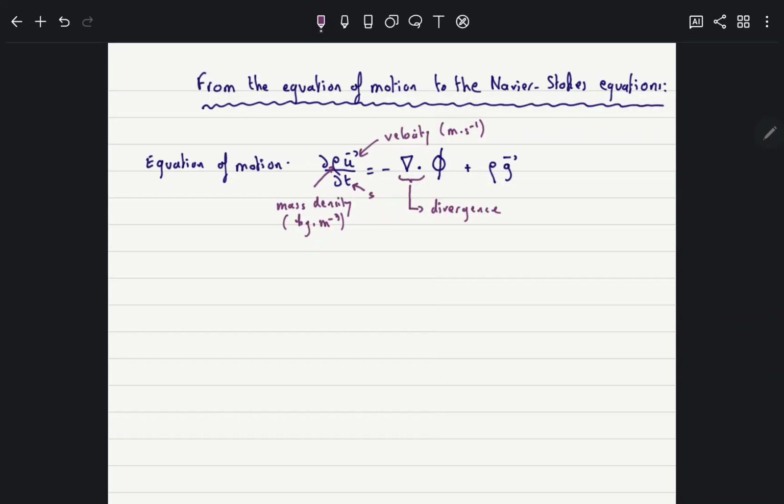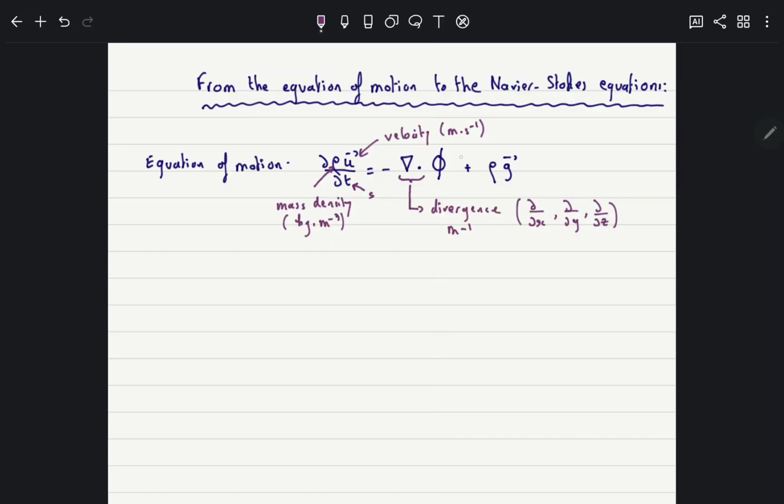Okay, so this, you can also call that divergence. And in the Cartesian coordinate system, it's when you're deriving with respect to x, with respect to y, and with respect to z, which gives you this kind of units per meter.